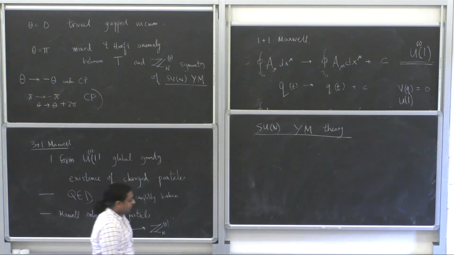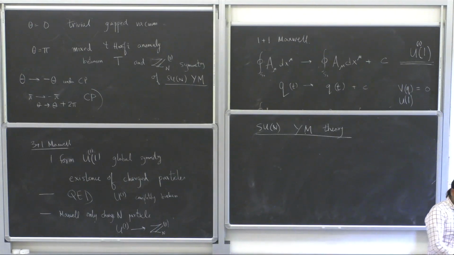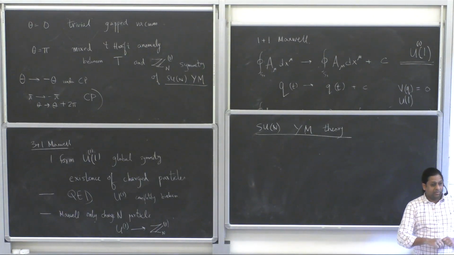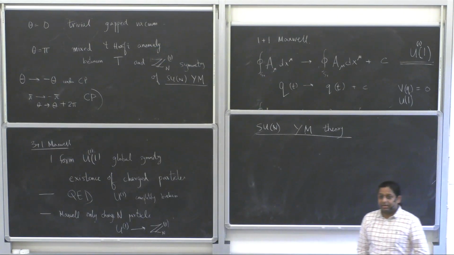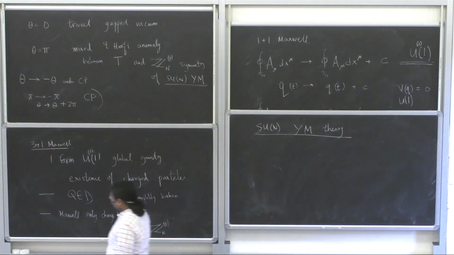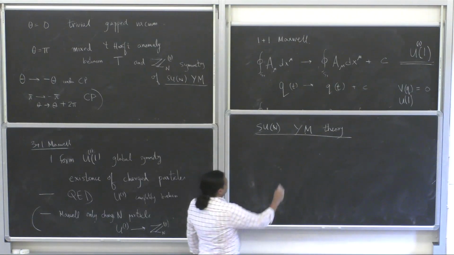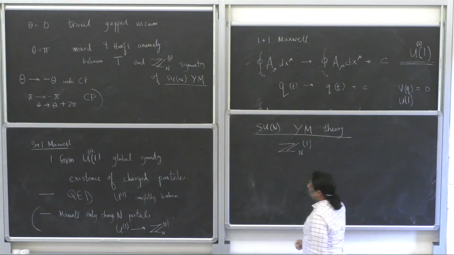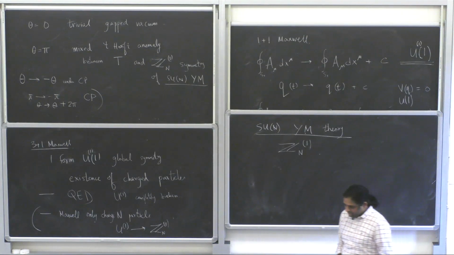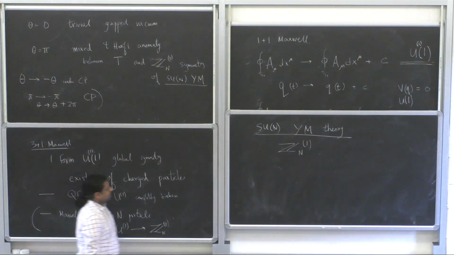But if you took a theory which did not have fundamentals, then not all flux tubes can break, and particularly Wilson lines in the fundamental representation would not be endable. So in complete analogy with the case of a Maxwell theory with charge n particles, there's a one-form symmetry for Yang-Mills.